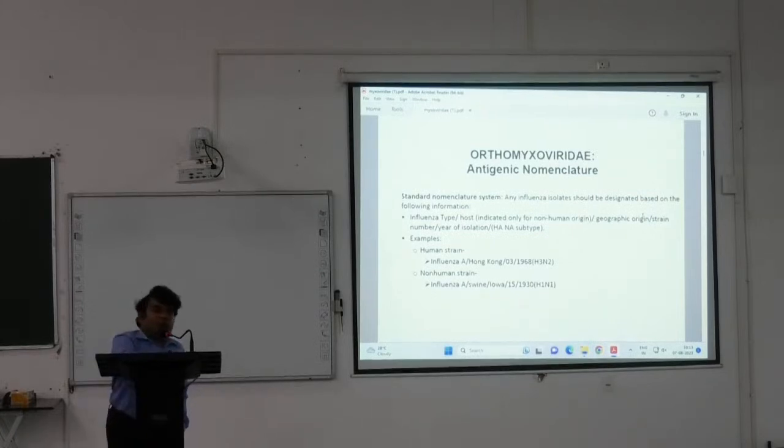The host is important only if it is a non-human host. If it is a human host, then we do not write the host, because we are actually dealing with organisms which are pathogenic to human beings. Any virus which is predominantly pathogenic to animals or birds but capable of human infection is denoted with the host.